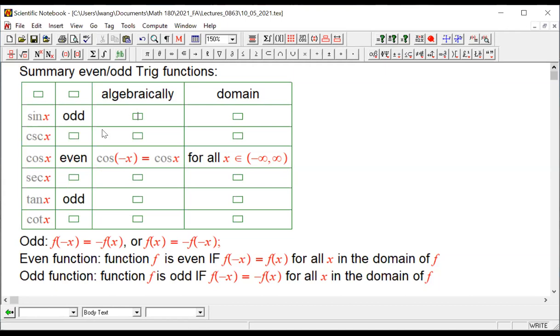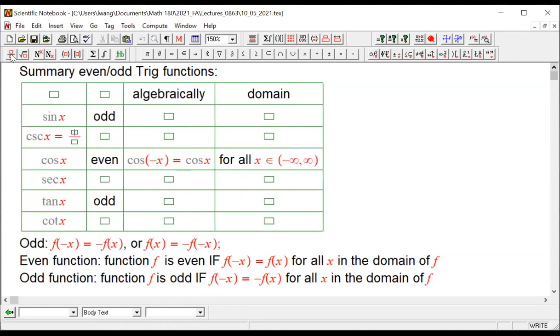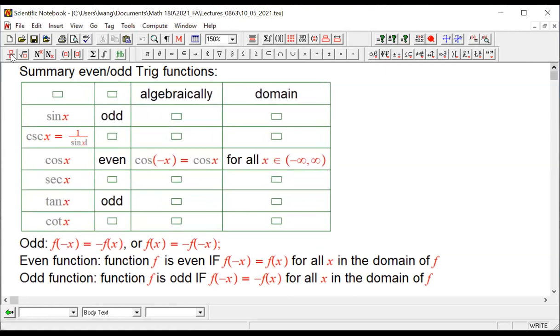Thank you very much. All right, so sine is odd. But cosecant is the reciprocal of sine. Of course, cosecant has its own domain, so we can take this opportunity to review the domain of cosecant.